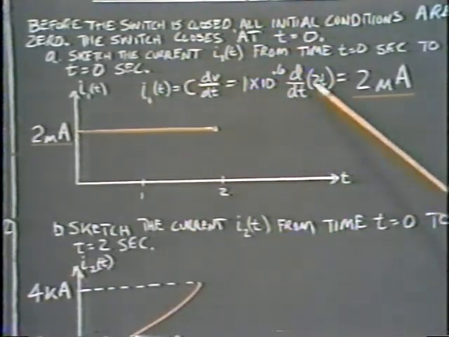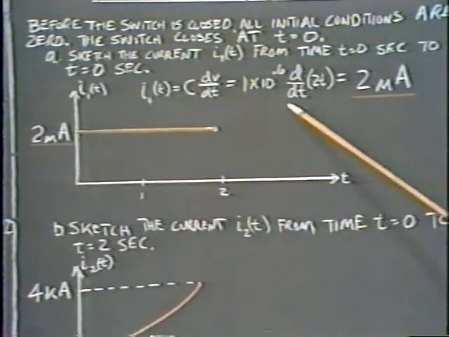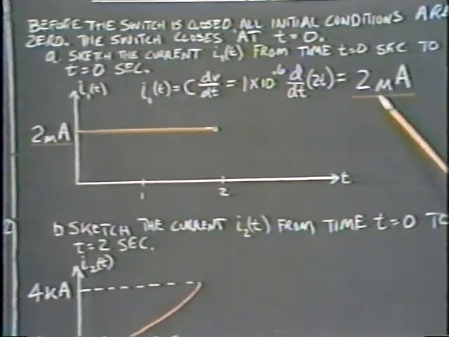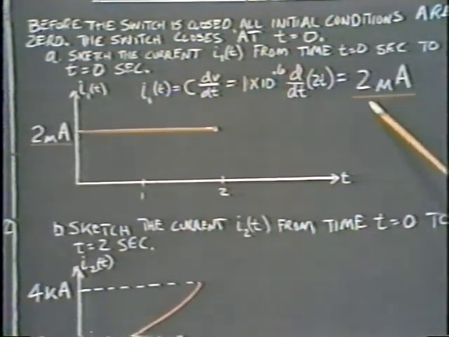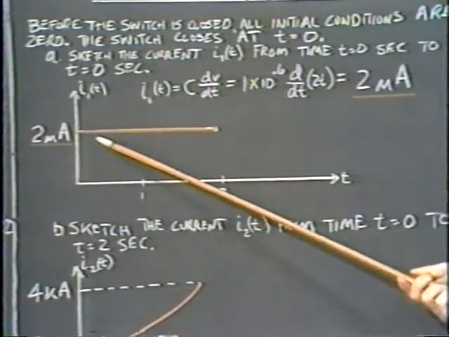And now we take our voltage, our 2t, and decide on the time rate of change of that. Taking a derivative, that simply becomes a 2. And we see that the current, I1, going through our capacitor is 2 microamperes. And I've graphed it here. It's simply a constant current.